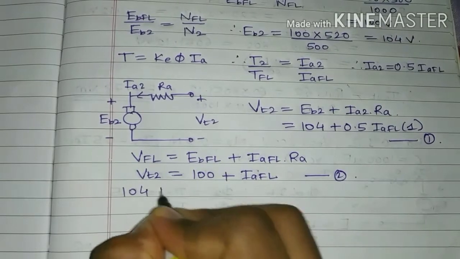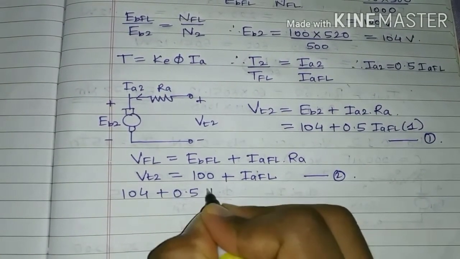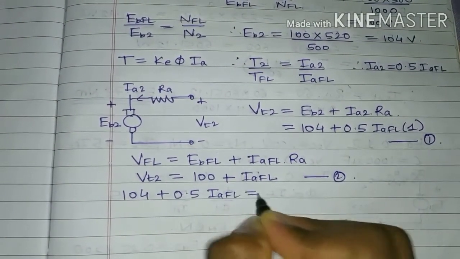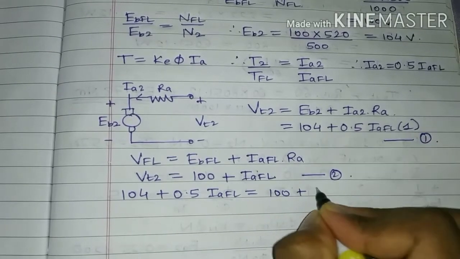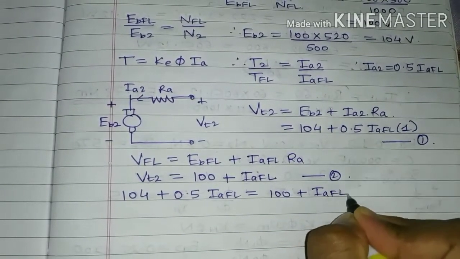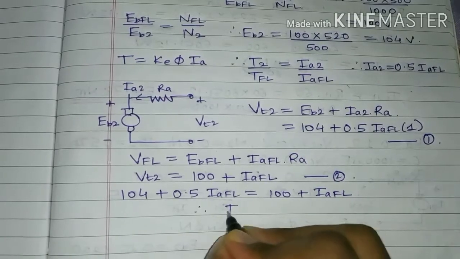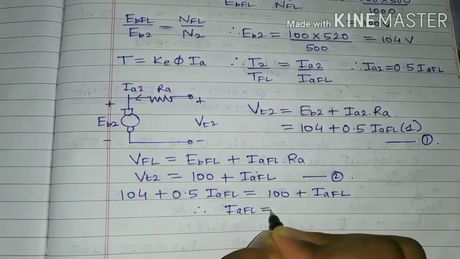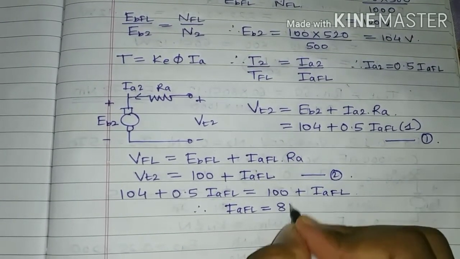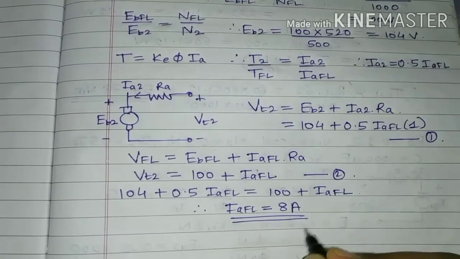So on equating both the equations we get 104 plus 0.5 IAFL is equal to 100 plus IAFL, and on solving the above equation we get the value of full load current as 8 amperes. So this is the correct answer.